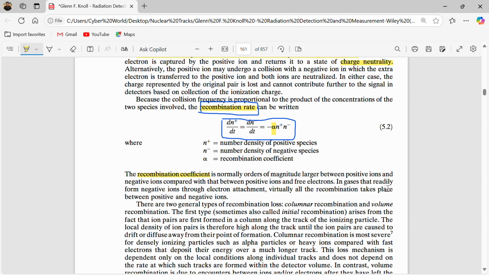In gases that rapidly form negative ions through electron attachment, virtually all the recombination takes place between positive ions and negative ions.